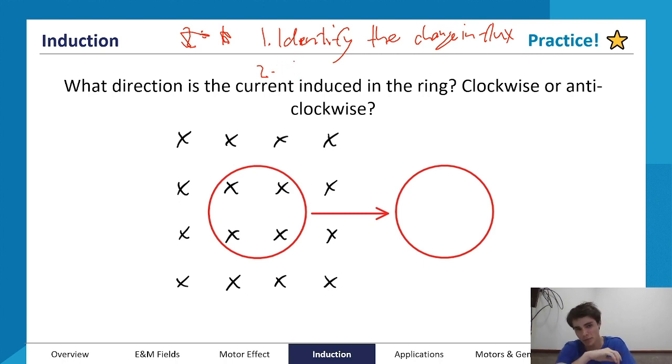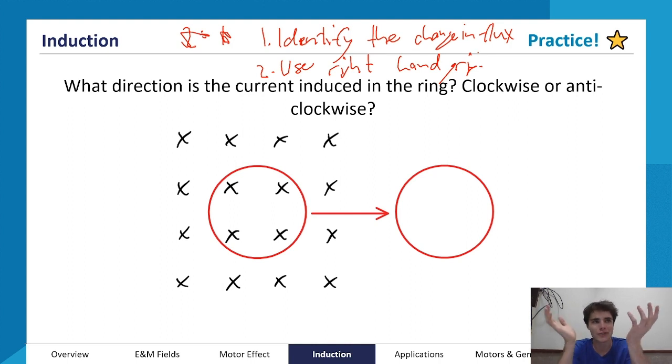A lot of people will say just use your right hand rule. And while in maybe 5% of cases you might need to use your palm rule, in all of the other cases you're going to be using your grip rule. So use the right hand grip rule. Yes, because in most cases we're going to be using the right hand grip rule.